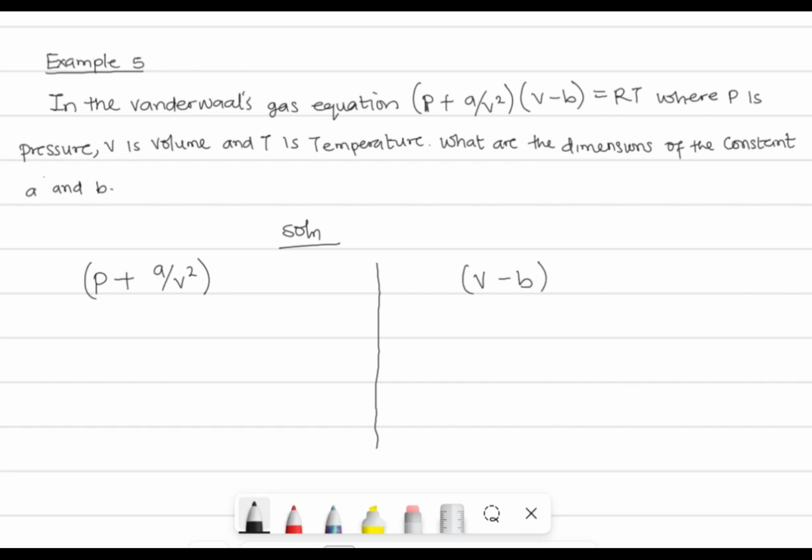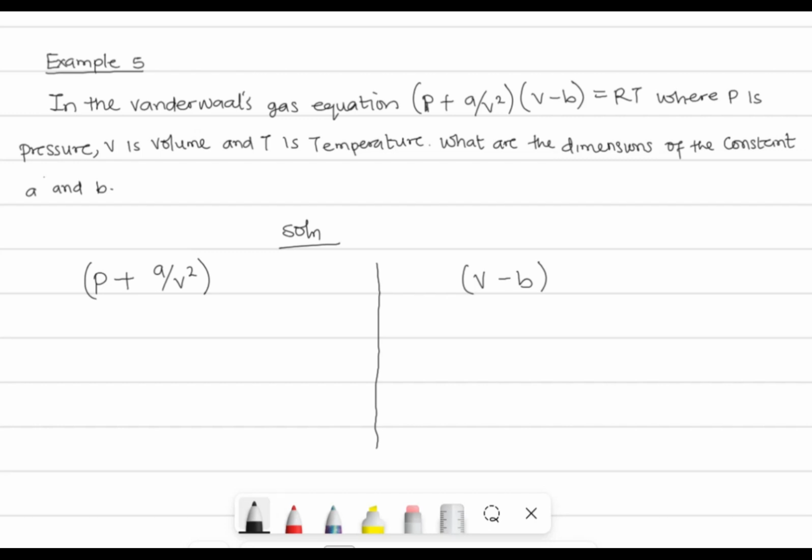You see, like we said, if a formula is correct, then every term must have the same dimension. So this van der Waals equation has been proven to be dimensionally correct. That's what we are saying. And so every dimension you are seeing here is actually correct.